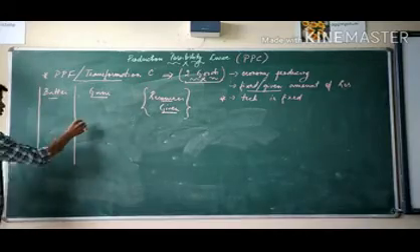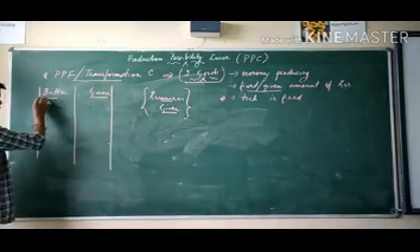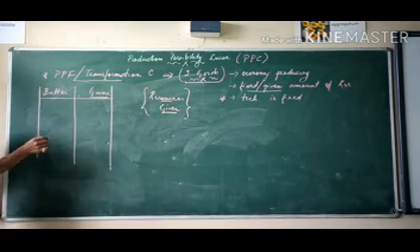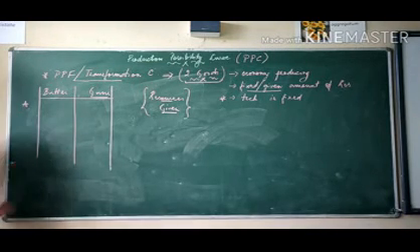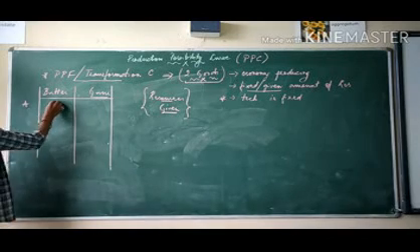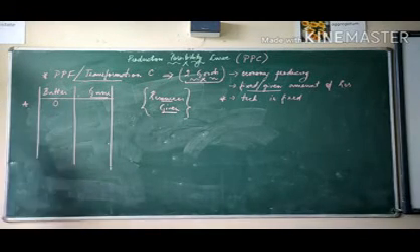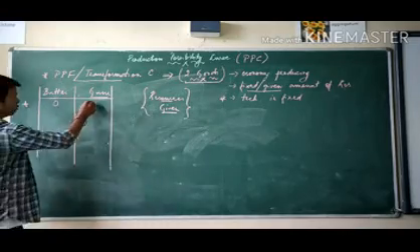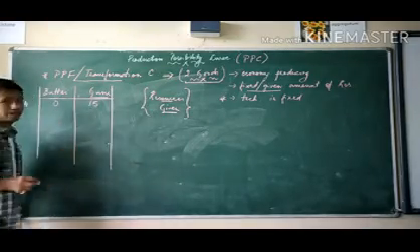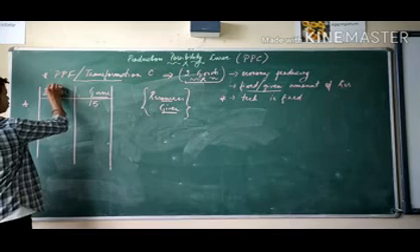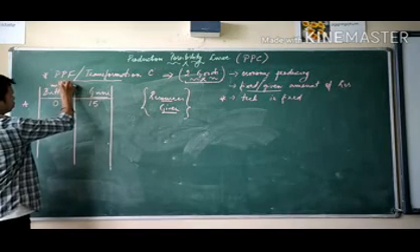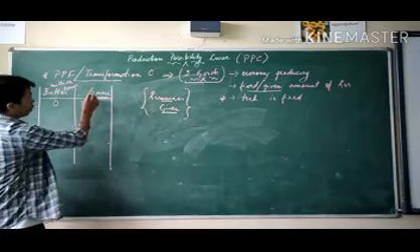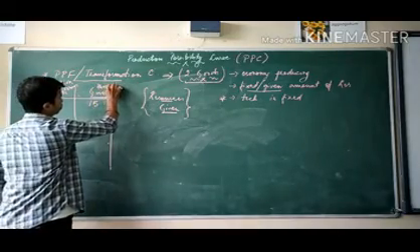So let's say, in the first combination A, butter is 0 and guns is 15. In this one, we are talking about million tons, and in this one, we are talking about 1,000.